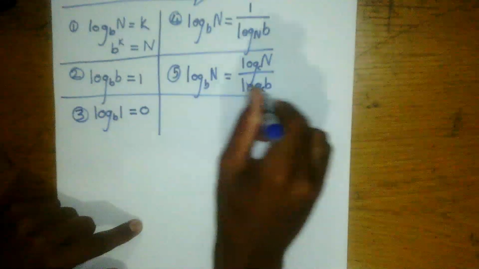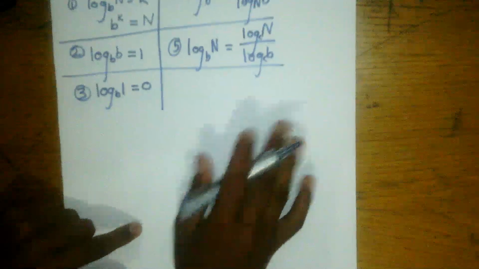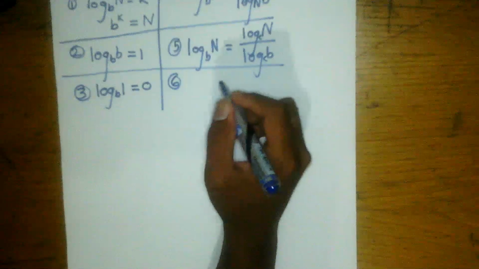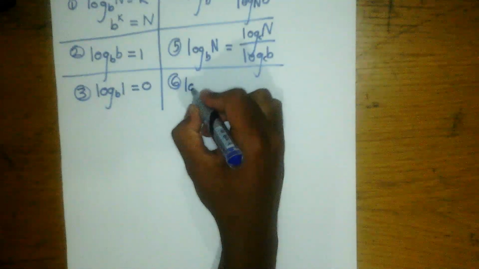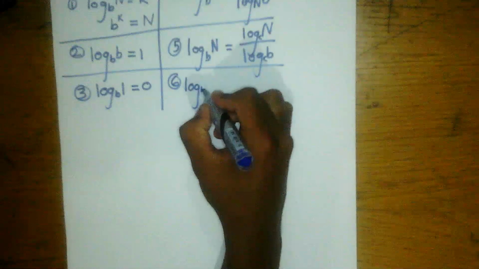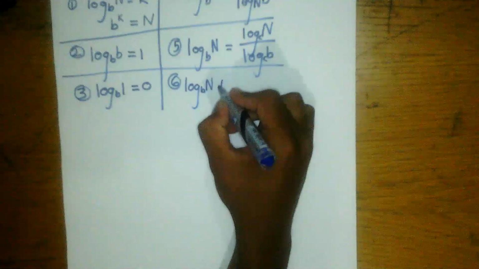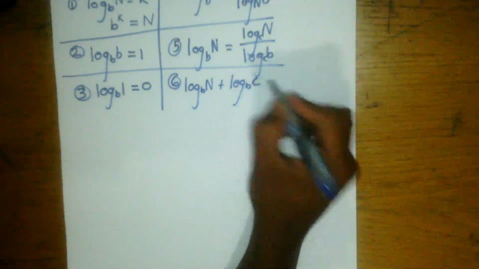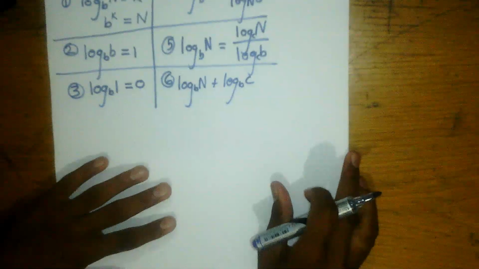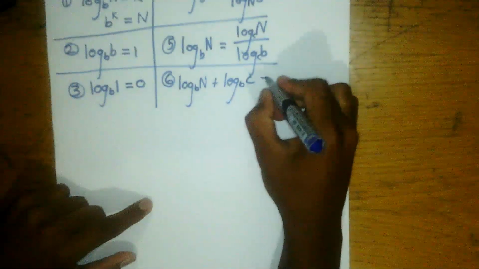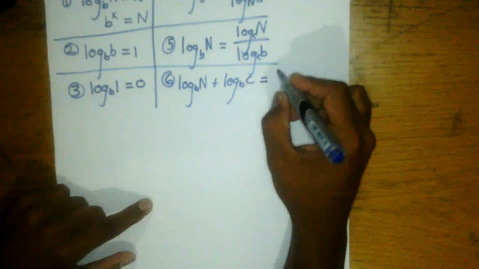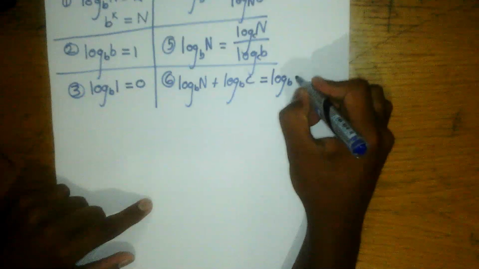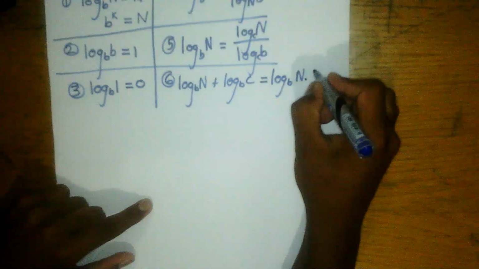Then we learned that there are more log rules, and it goes as follows. It's number 6. So if you get a question and it says log b of n plus log b of c, to simplify this, we write log b of n times c.